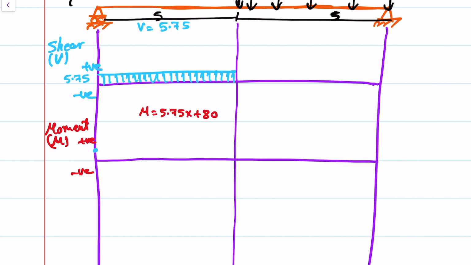Let's say this is 80, so I'm using red. This is 80, and for x equals 5 it will be 108.75, and it is linear. It is an equation of a straight line.